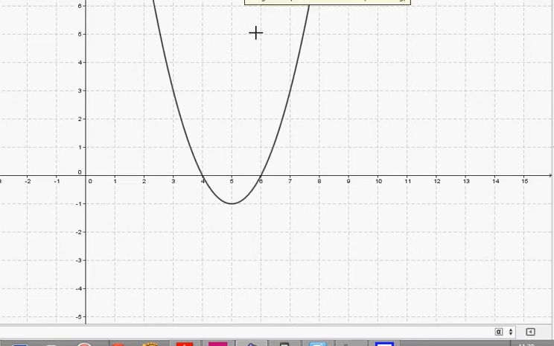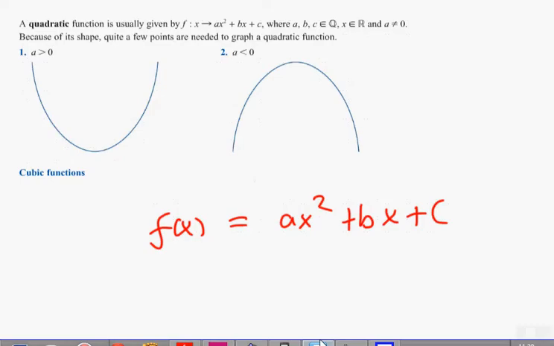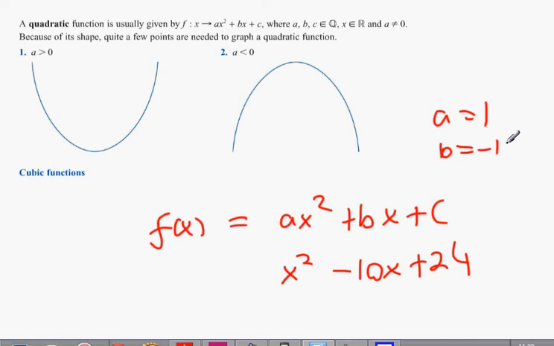Standard U-shaped curve. Everybody happy with that? It crosses the x-axis at 4 and 6. So the one I just drew there was x squared minus 10x plus 24. A equals 1, B equals minus 10, C equals 24.